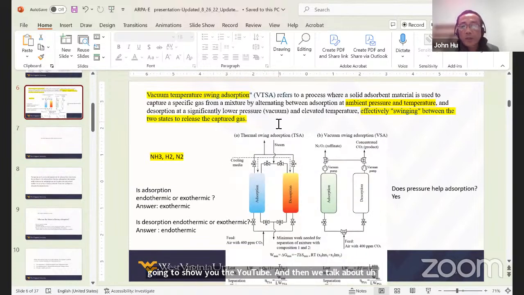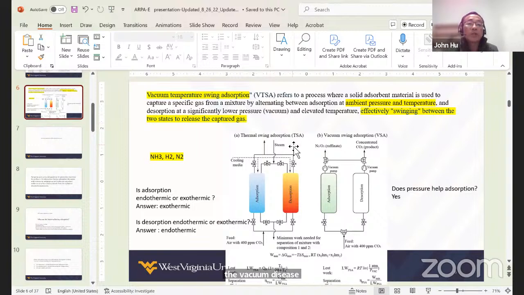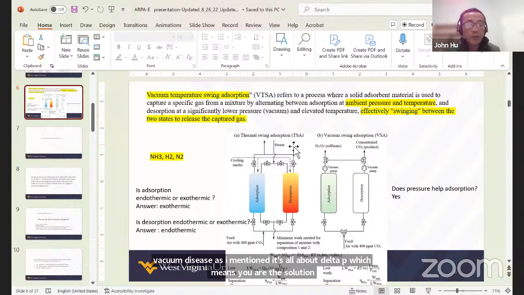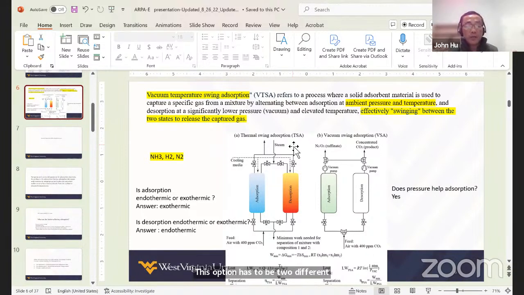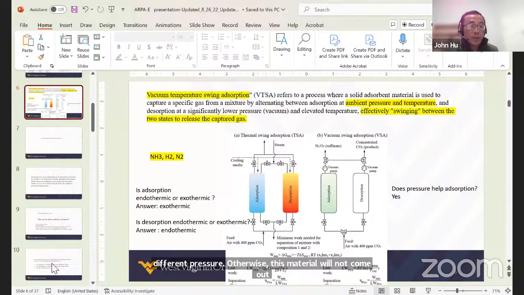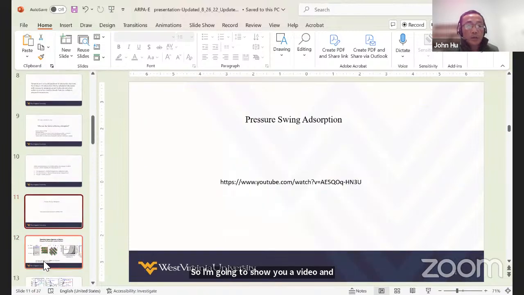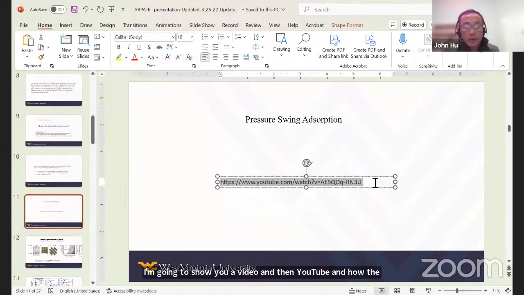As I mentioned, it's all about the delta P, which means your adsorption and desorption have to be at two different temperatures, two different pressures. Otherwise, this material will not come out. So I'm going to show you a video on YouTube of how people do the so-called pressure swing operation. Okay.